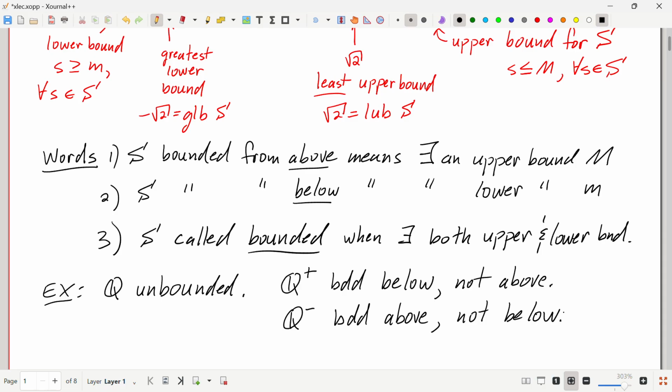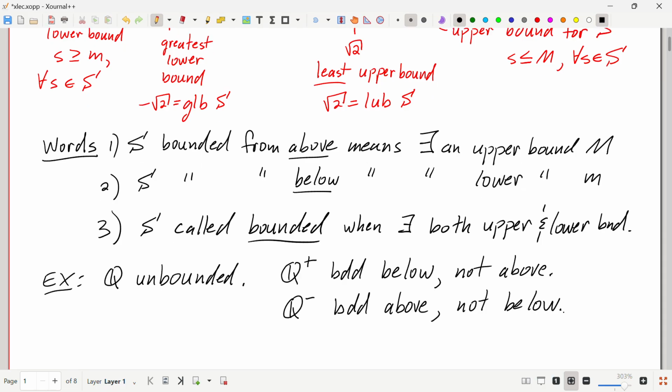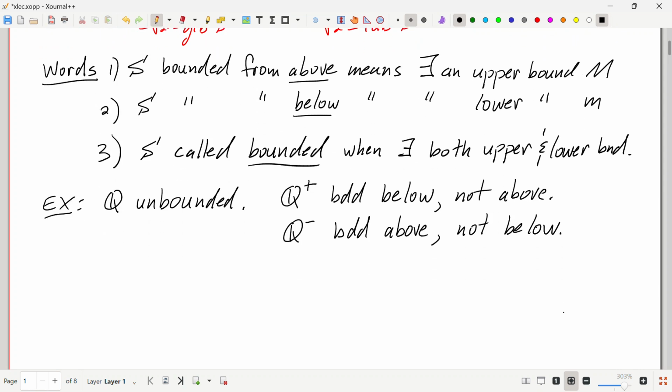Okay, so a huge fact today is that if the set's bounded above, then it has a least upper bound. That turns out to be kind of a deep, important thing. It's very believable from my picture because you sort of slide that thing until you can't slide it anymore, and then you hit the least upper bound.